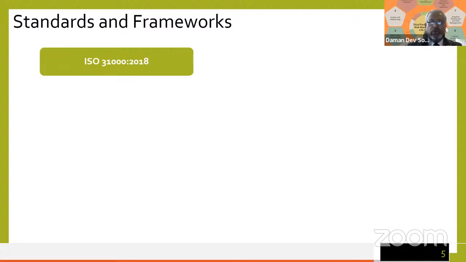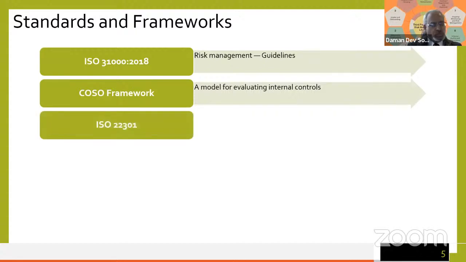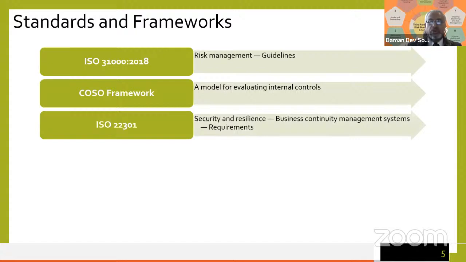So we know ISO 31000 is for risk management. If we want to manage any risk, ISO 31000 is the base book, the guideline or standard available for that. The COSO framework is a model for evaluating internal controls and talks about third-party risk management. ISO 22301 for business continuity management systems for sure touches upon the risks related to third parties.